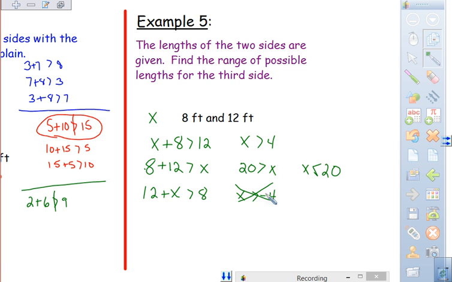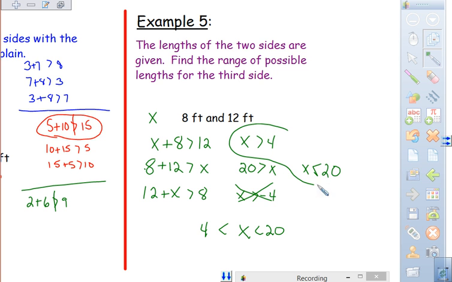We're going to use these two, because the inequality has to be satisfied by all these numbers. A number that's less than 20, like 19, would have to be greater than 4, which it is. So we want numbers that are less than 20 and greater than 4.